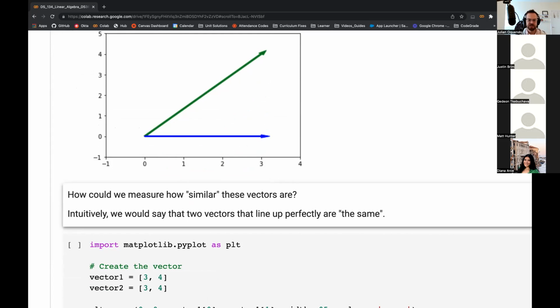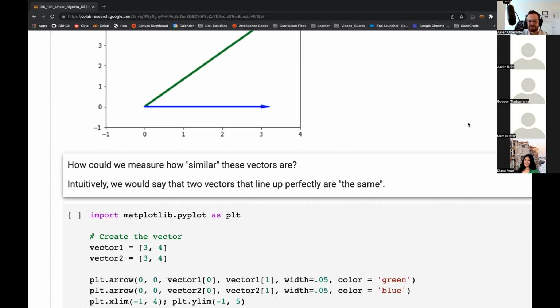So if we wanted to measure how similar two vectors are, and if we remember that a vector in Python could be very similar to a NumPy array or a NumPy series of values, we could begin to determine: is it possible that two vectors could be the same, and therefore could two NumPy arrays be the same?